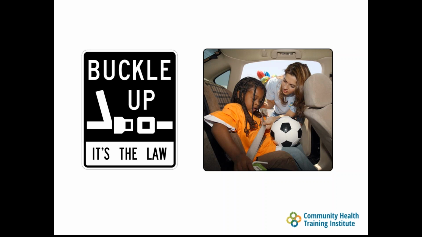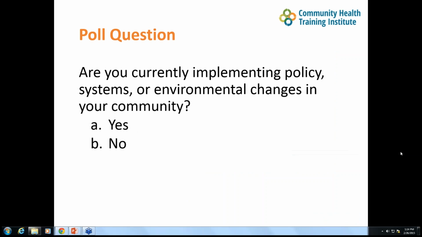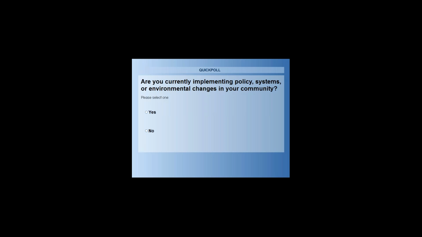So I just wanted to share that with you all, to ground us in what policy and systems changes are. And I want to ask another poll question, to help us know where you all are and what some of the things are that you are working on.